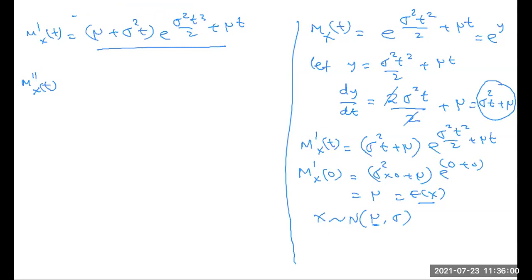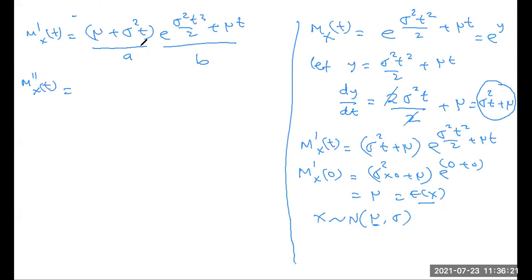So we can call this term up to here a, then up to here b. When you differentiate a with respect to t, what do you get?